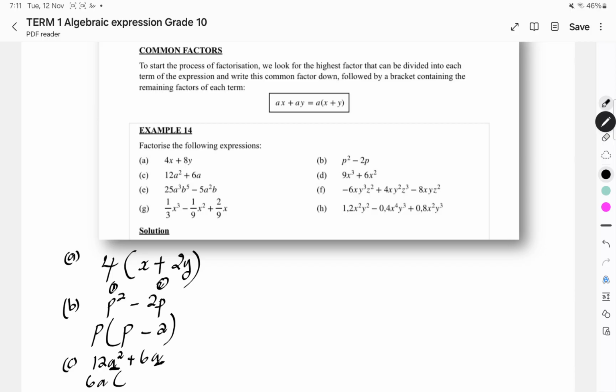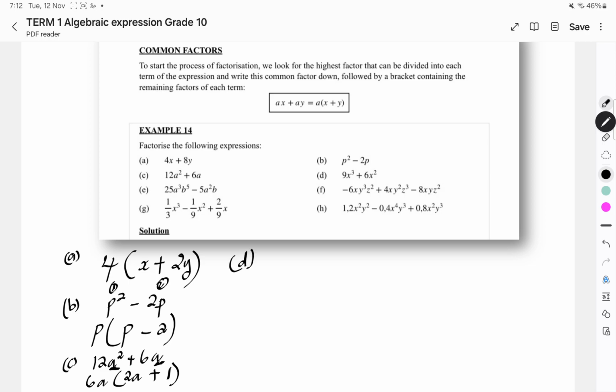Then 12 divided by 6, I get 2. 2 a's divided by 1 a, I'm left with only 1 a. Plus 6a divided by 6a, I cannot say they cancel. No, I'm left with 1. You just put 1 there, so that when you do the multiplication, you're able to get the question back.